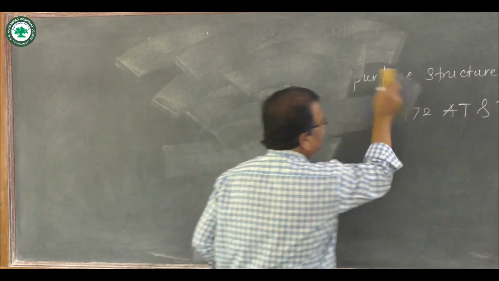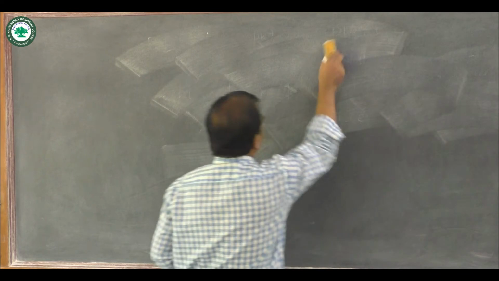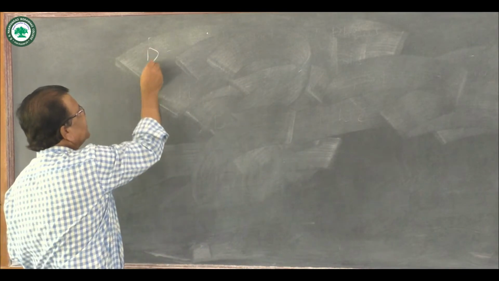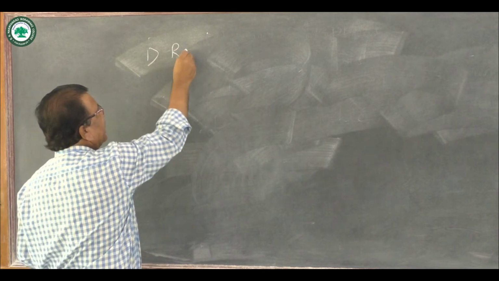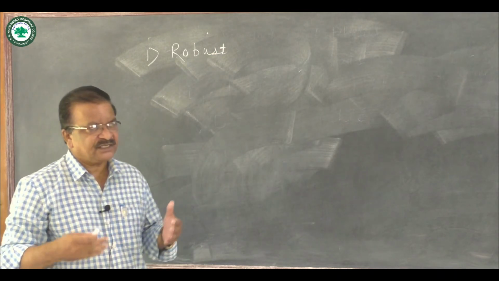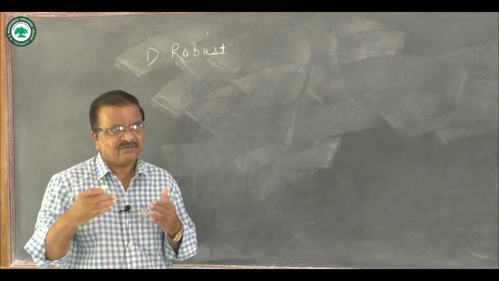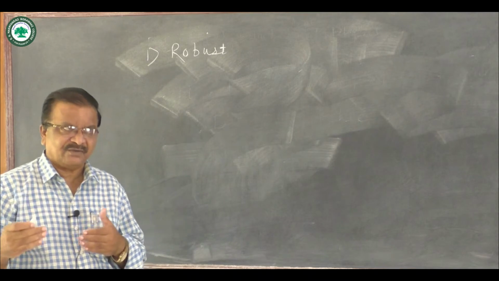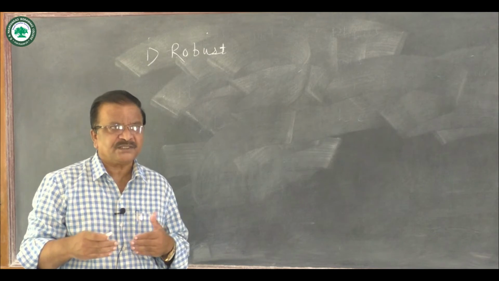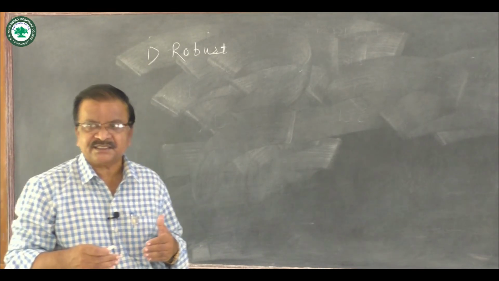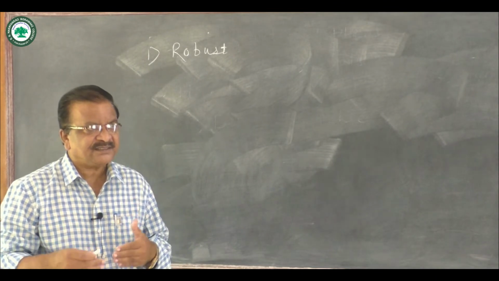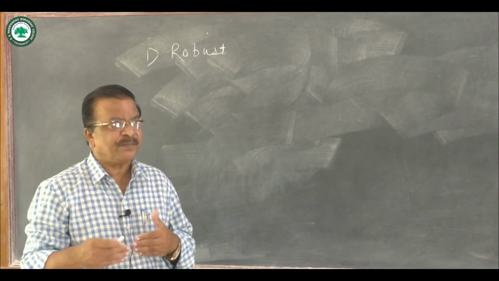Let us now go to the next article, namely the features or importance of this particular language. The first feature is that it is a robust language. Robust means strong. English is a robust language because for everything it has a separate word available. Similarly, C is a robust language having a rich set of built-in functions and operators.